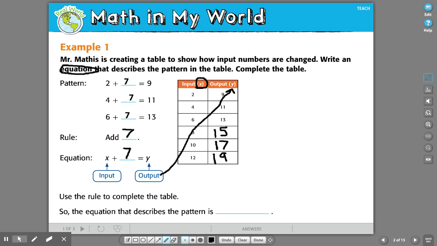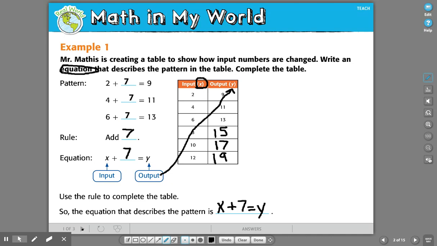So the equation that describes the pattern is X, whatever we put in, we add 7 to it, and what comes out, what we get back, is Y. Remember, at any time, if you need to pause the video, feel free to pause the video so you can do what you need to do. All right.